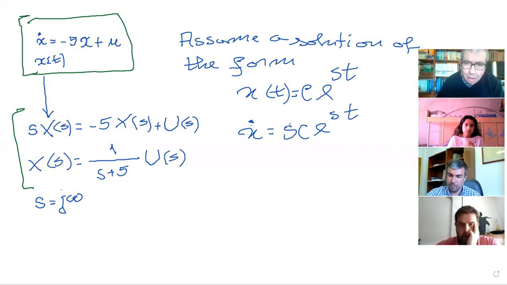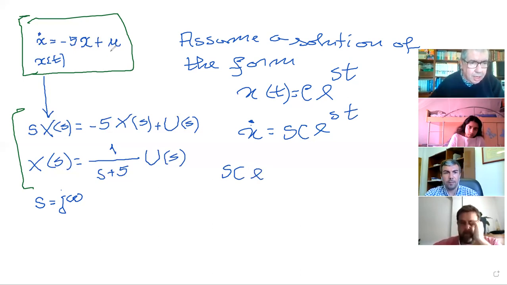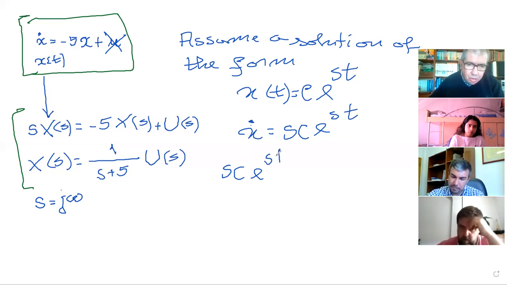Now, let's plug this in there. What do you get? x dot is s C exponential. Okay, let's forget about u. Suppose that I don't have any u. So I just have x dot equals minus 5x.